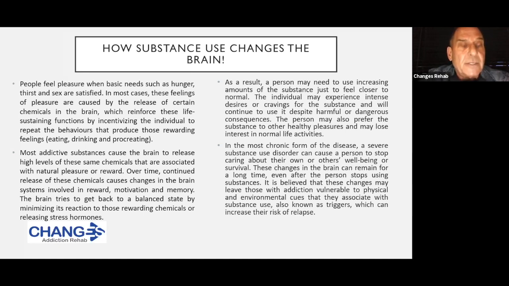As we know now, it's dopamine, which reinforces these life-sustaining functions by incentivizing the individual to repeat the behaviors that produce these rewarding feelings, i.e. eating, drinking, and procreating. Most addictive substances cause the brain to release high levels of the same chemical that is associated with the natural pleasures or rewards.